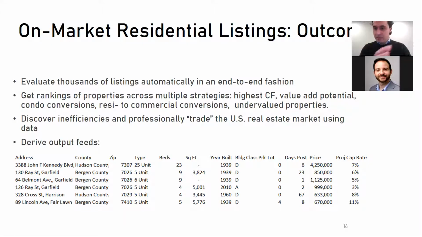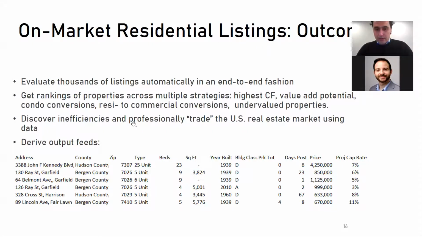This way one can build up a tool set of strategies and have the whole data set priced out on all of them. So what are the best cash flow, value add potential, undervalued properties in illiquid markets, residential to commercial conversions, condominium conversions, etc. That's what I've been doing myself, applying different strategies by pulling data for thousands of listings and looking at what ranks best for condo conversions or some of those other items on the list.